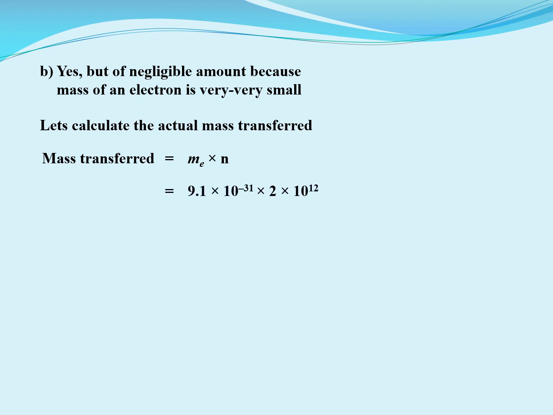So we know that the mass of an electron is given as 9.1 into 10 to the power of minus 31 kgs, and the number of electrons that were transferred is 2 into 10 to the power of 12. Simplified, you'll get an answer which is 1.82 into 10 to the power of minus 18 kgs. So this is the amount of mass that is transferred.